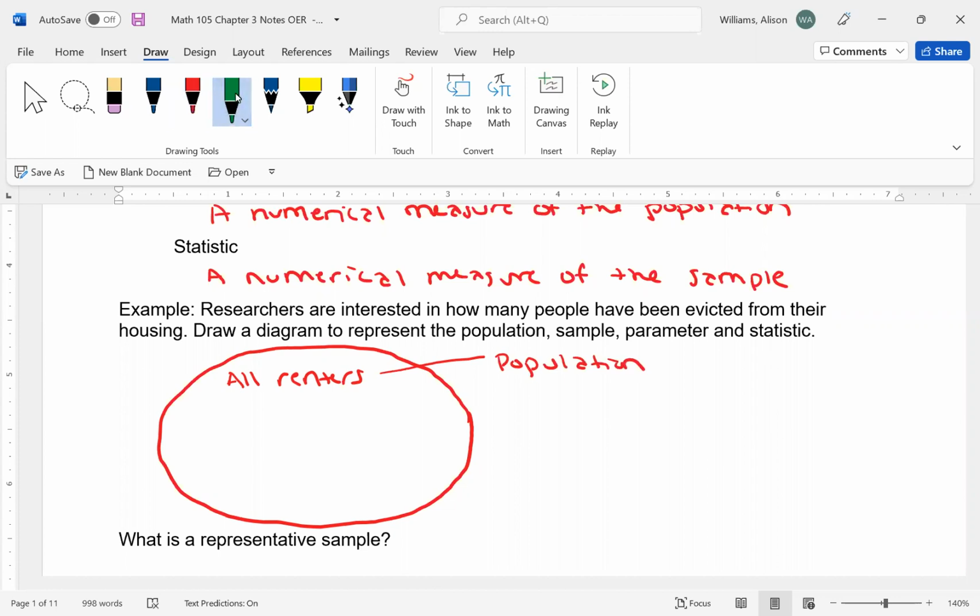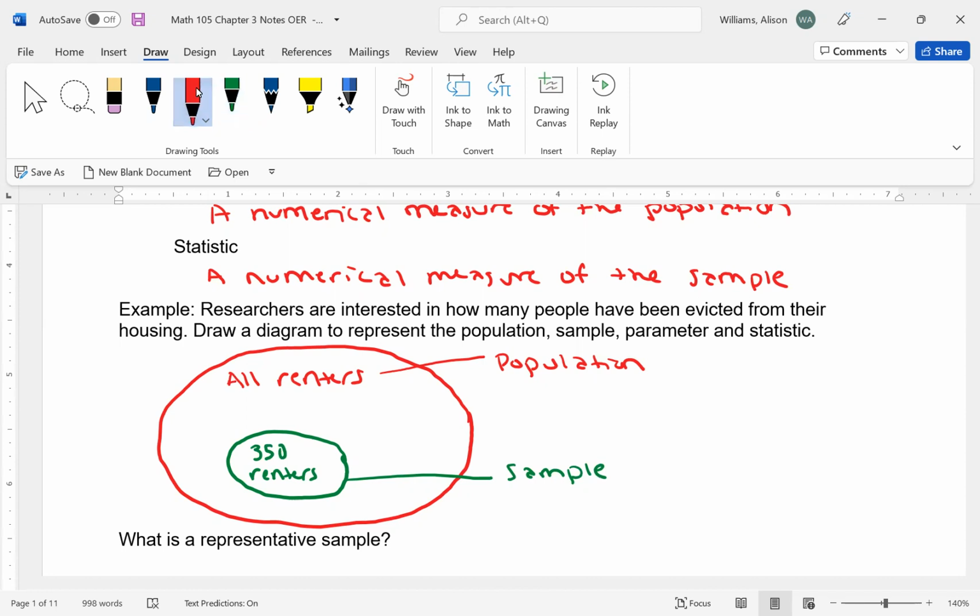A sample would be some sort of small subset of that group. And for our sample, we'll go ahead and pretend that out of all the population, we're going to look at 350 renters. Now, that number at the moment is just kind of arbitrary, but there are ways that you figure out how you measure how big your samples should be.